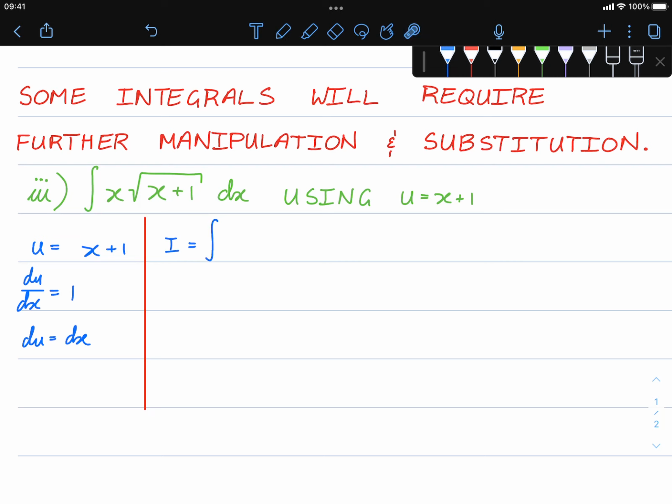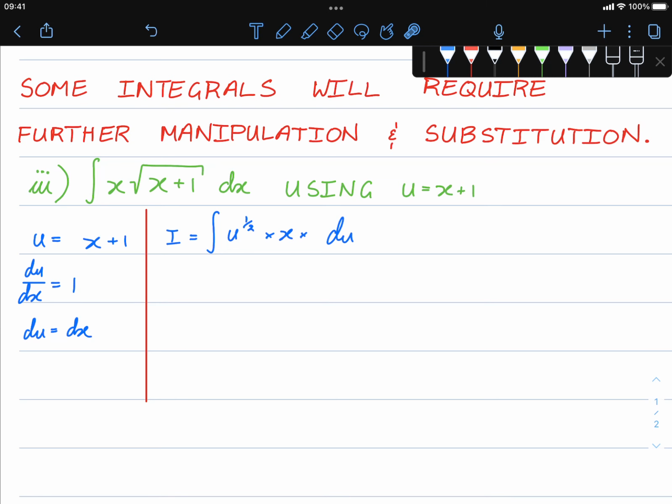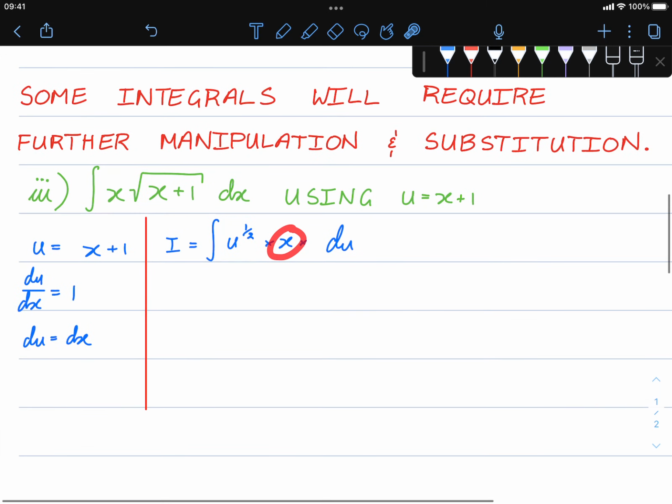This is now u, so it's u to the power of half times x times dx, which we can substitute for du. Notice how now we actually can't cancel out x.